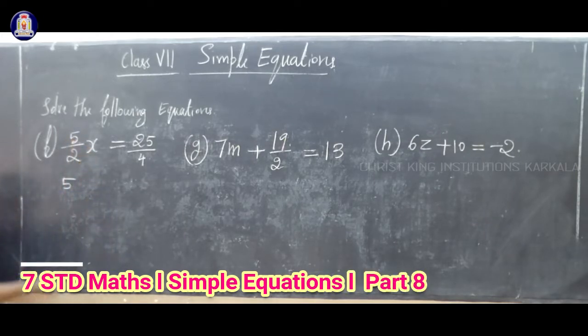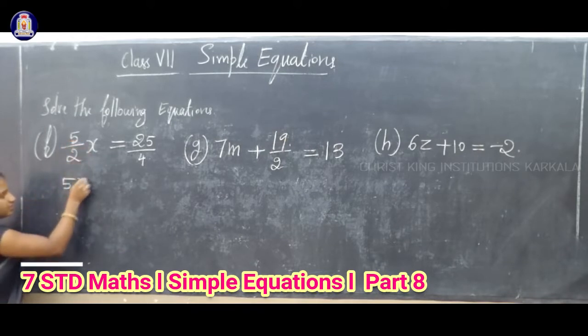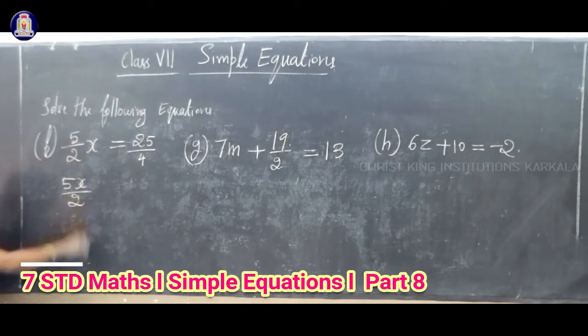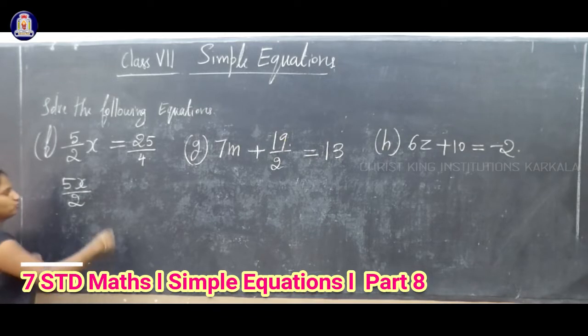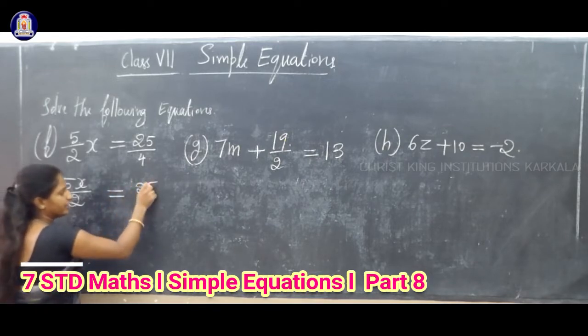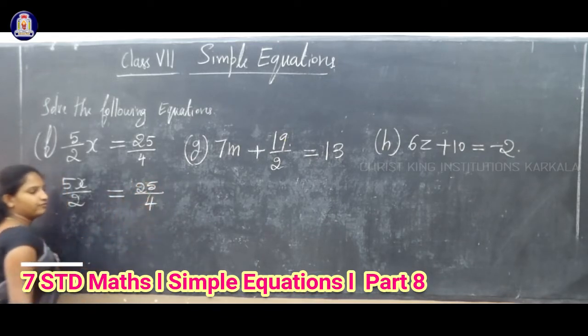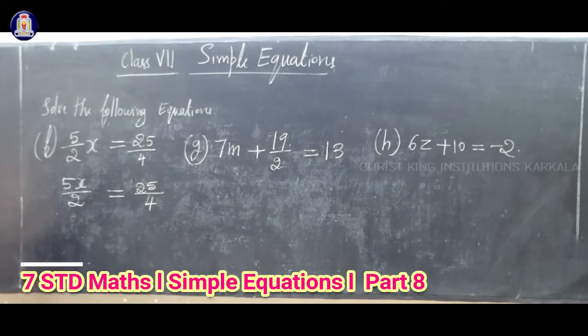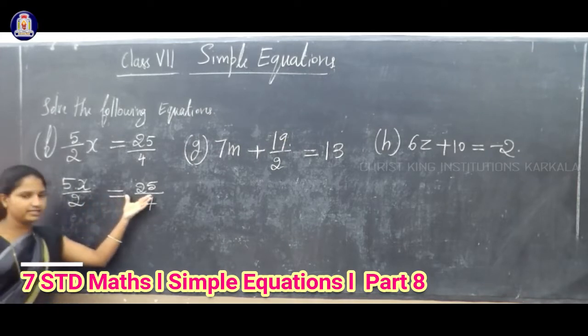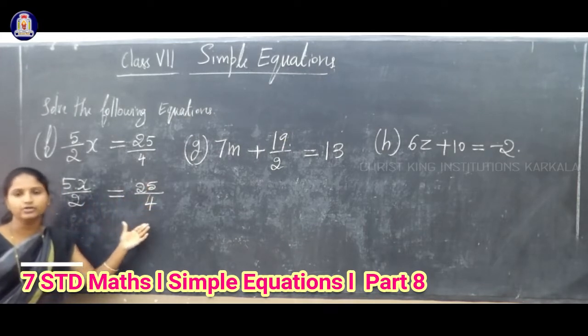The numerator is 5, so 5 into x is 5x divided by 2. So 5x divided by 2 is equal to 25 by 4. On the left hand side it is 5x divided by 2, and on the right hand side it is 25 by 4.